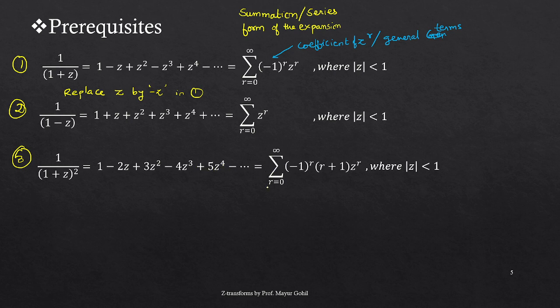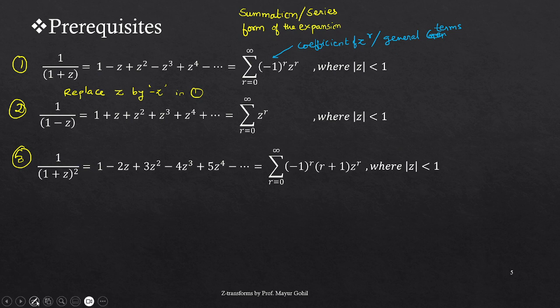And then it is summation going from r equals 0 to infinity minus 1 to the power r times r plus 1 times z raised to r, where mod z is less than 1. Now this is a little bit a different kind of thing, how it is derived from the first one. It is actually by taking the derivative. I won't bother regarding the derivation right now, but yes, it is just by taking the derivative.